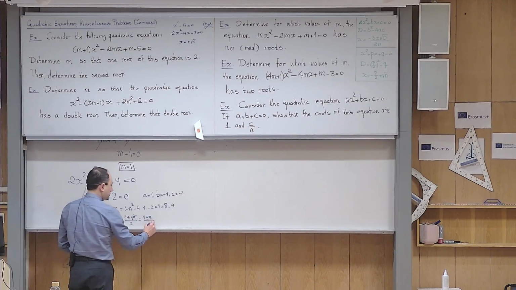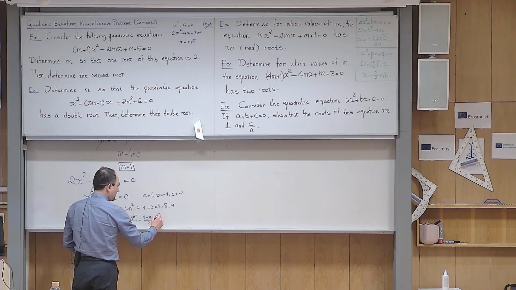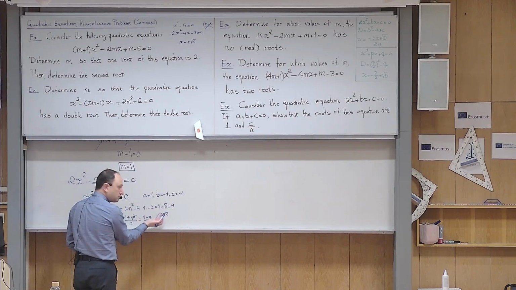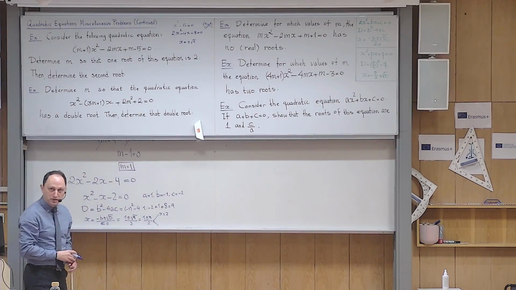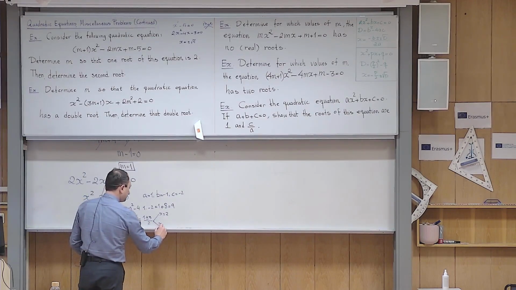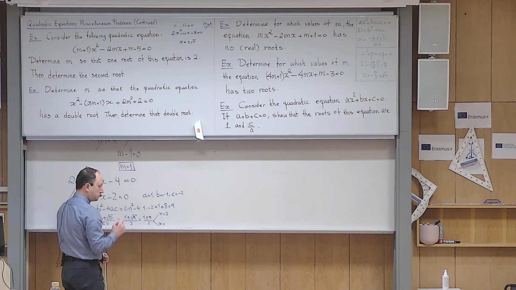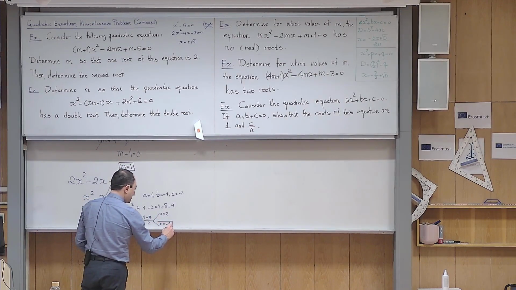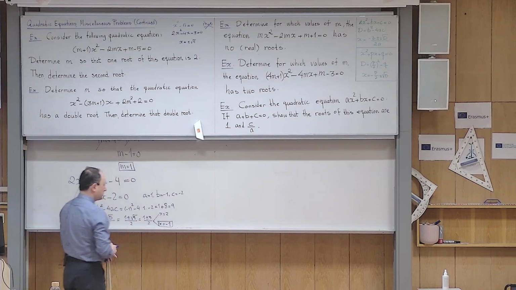So how many answers do I get? One answer is 1 plus 3 divided by 2, which is 2. And that is not surprising, because I did it myself to generate 2. And the other answer is 1 minus 3, which is minus 2, divided by 2, which is minus 1. So this is the second part of this problem.